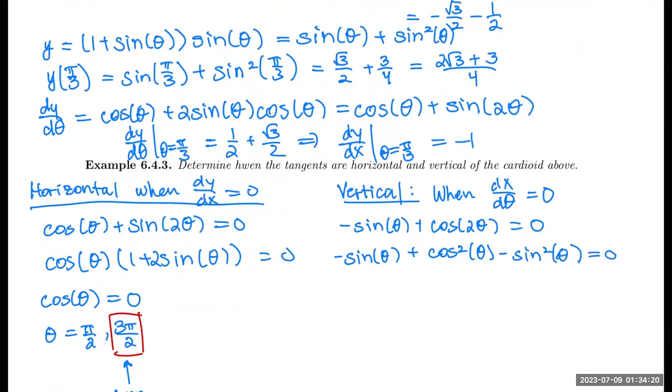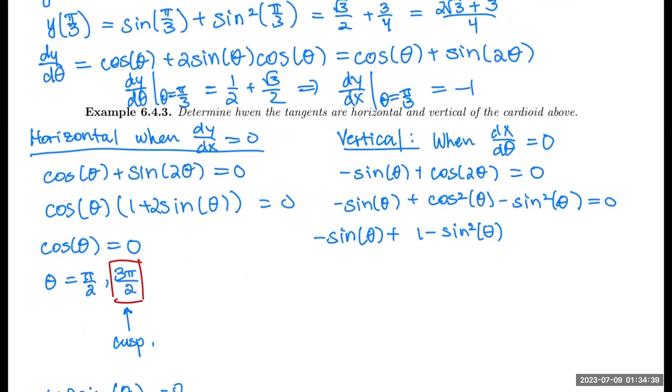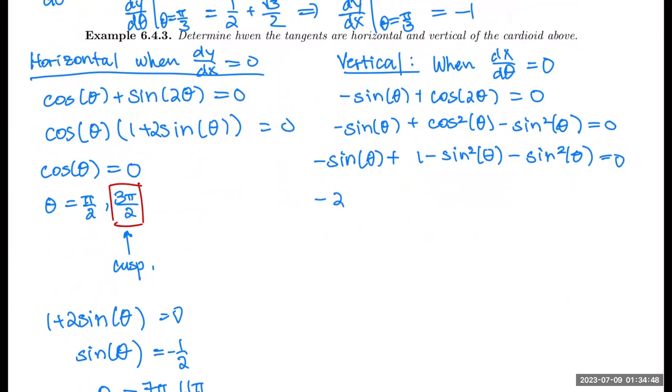Now changing to cos squared, we have negative sine theta plus 1 minus sine squared theta minus sine squared theta. So we could remove the brackets, and that's negative 2 sine squared theta minus sine theta plus 1 equal to 0.